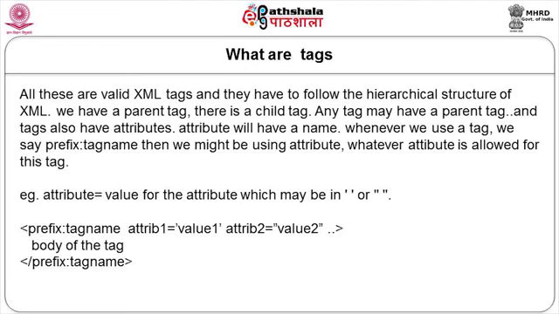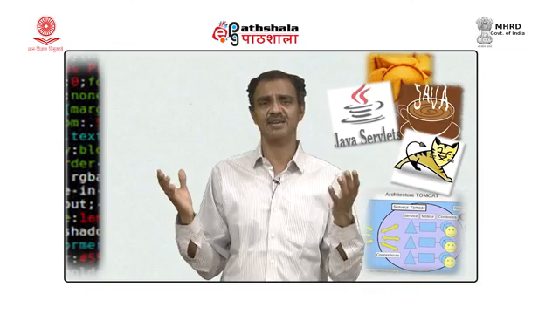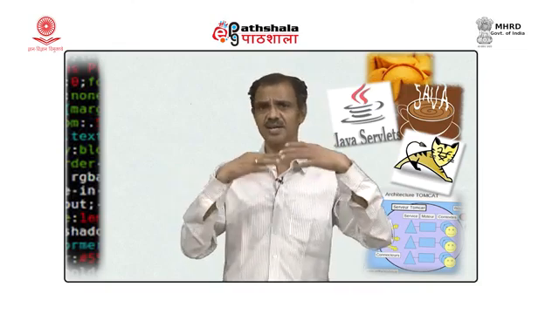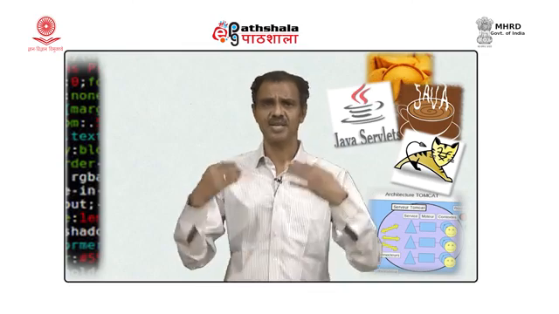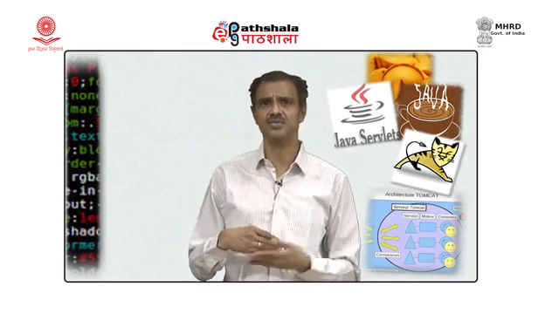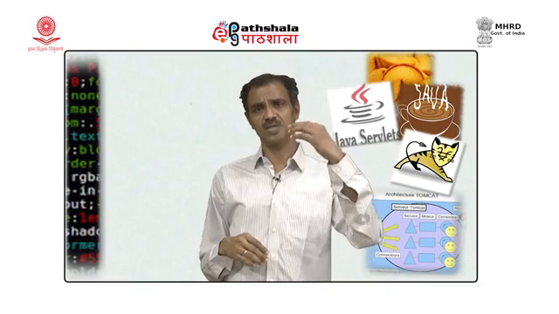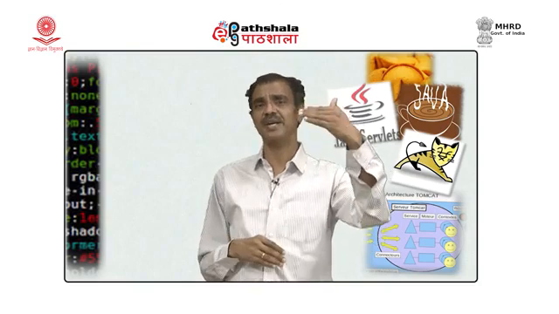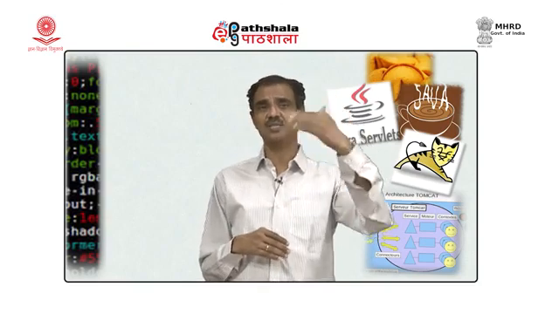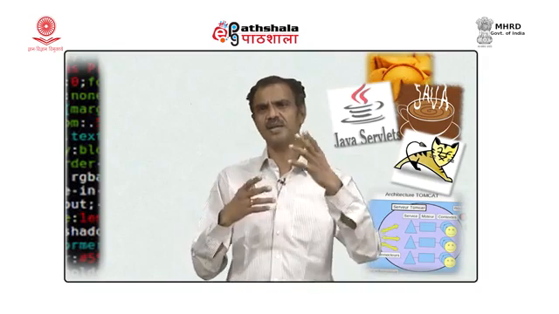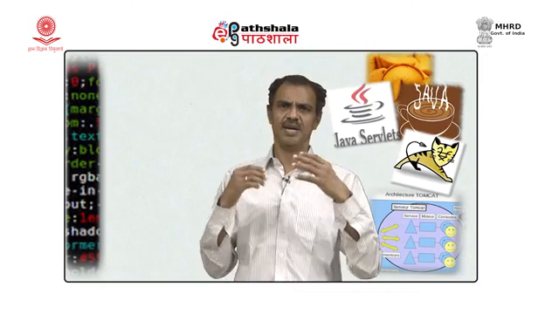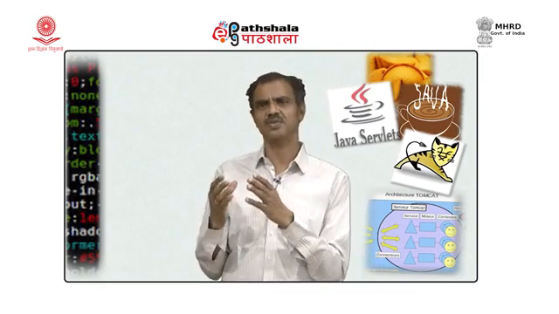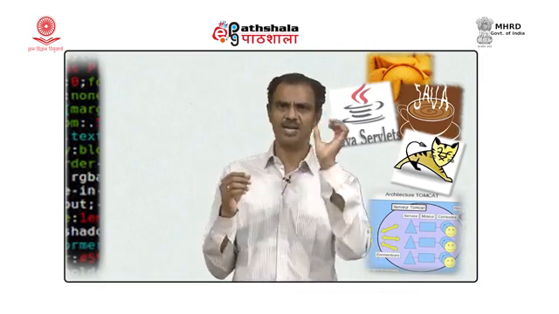Now, coming to what tags are. What does a tag have? These are all valid XML tags, so they have to follow the hierarchical structure of XML. Like we have a parent tag, there is a child tag. So any tag may have a parent tag, and tags also have attributes. An attribute will have a name.